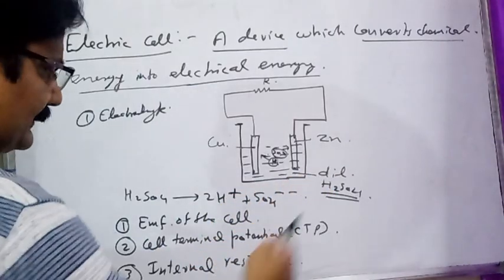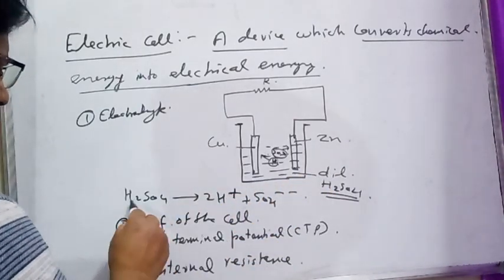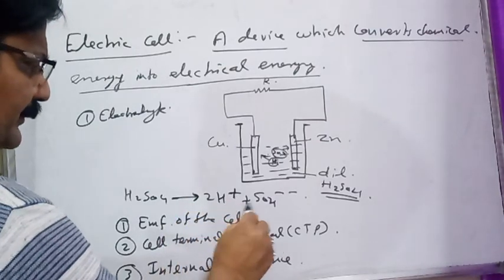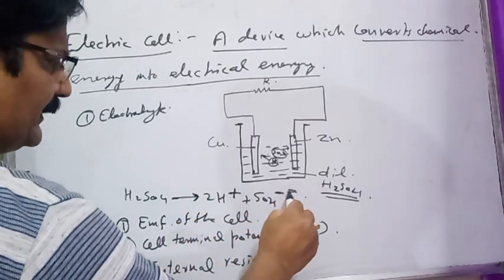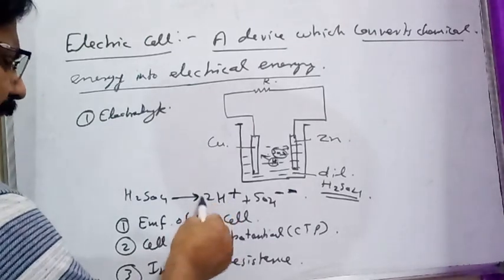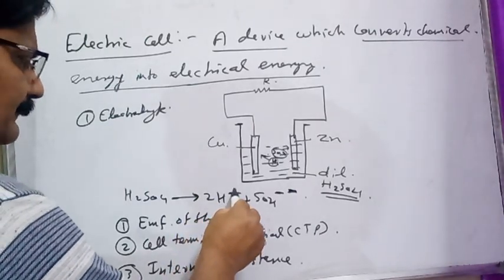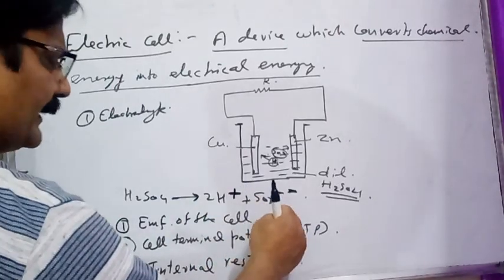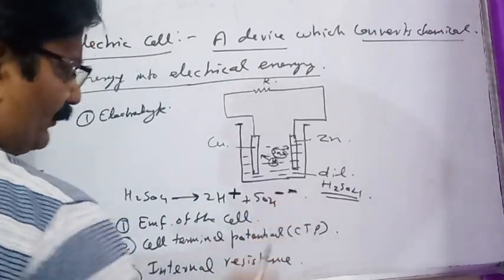H2SO4 gives 2H plus and SO4 minus minus. The hydrogen ion has a deficiency of one electron. The sulfate ion has two excess electrons.